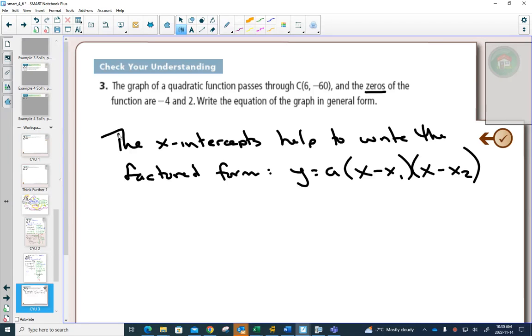The factored form looks like this. My zeros are negative 4 and 2, so it would be x plus 4, x minus 2.